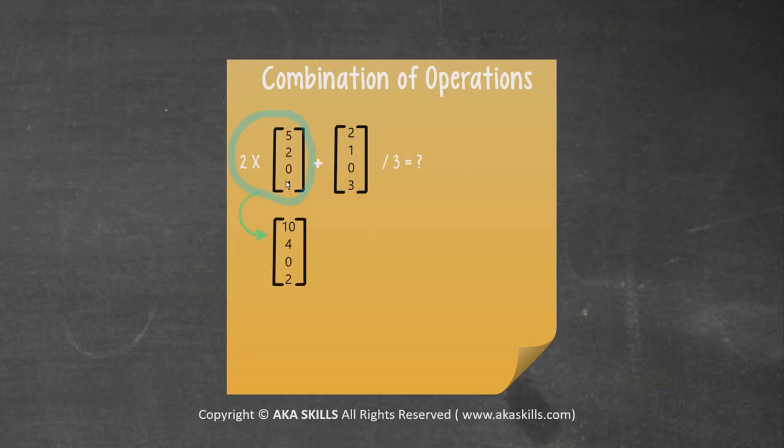And then we do this part, and so we divide 2 by 3, 1 by 3, 0 by 3, and 3 by 3. And the result is that. Okay? And then since the two vectors have the same shape, we can add them together, and the final result is that. Easy and simple, right?